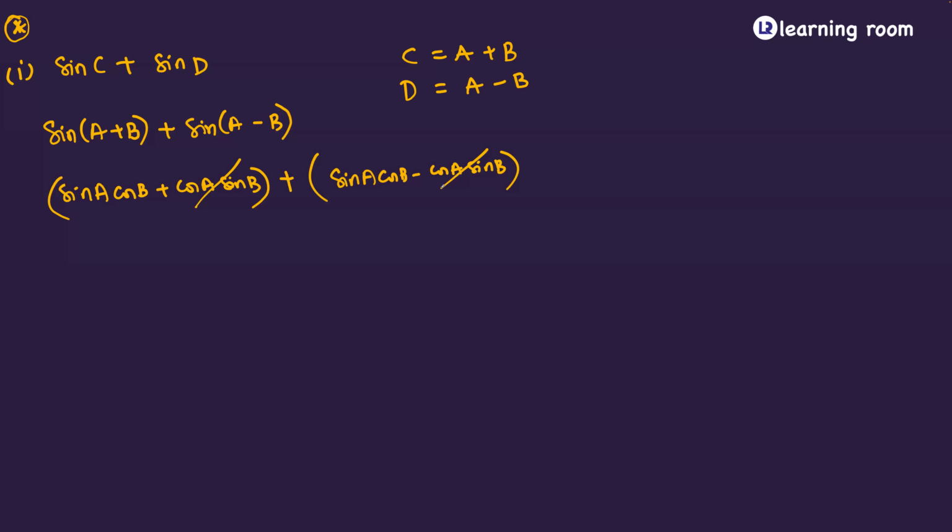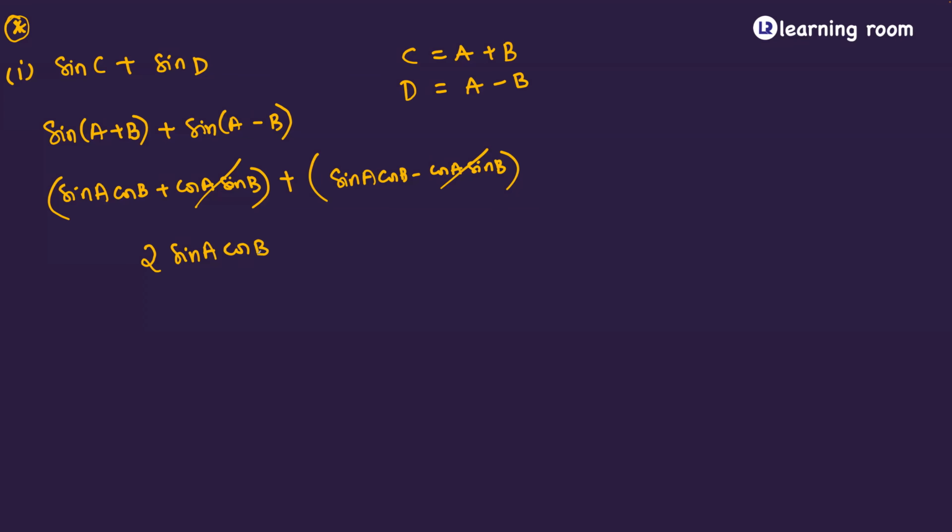So you have sin A cos B plus sin A cos B, which will sum up to give you 2 times sin A cos B.